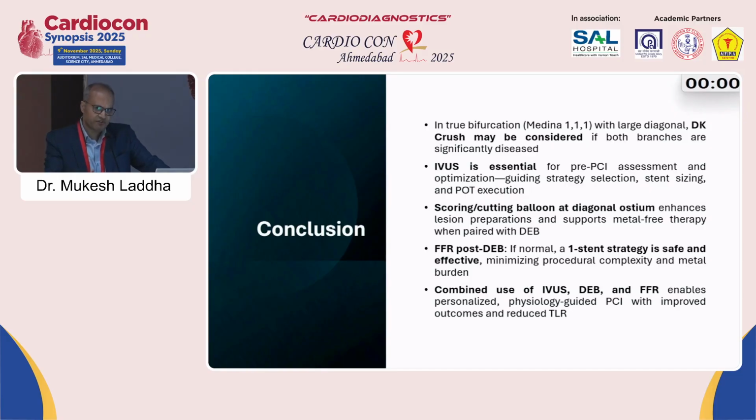We know the ostium has a peculiar fibrotic nature of disease, and it sometimes requires scoring or cutting balloon to get a better result. And FFR post-DCB, if normal, one stent is straightforward, safe and effective. Combined use of IVUS, DCB and FFR is a personalized, physiology-guided PCI with improved outcomes and reduced TLR.